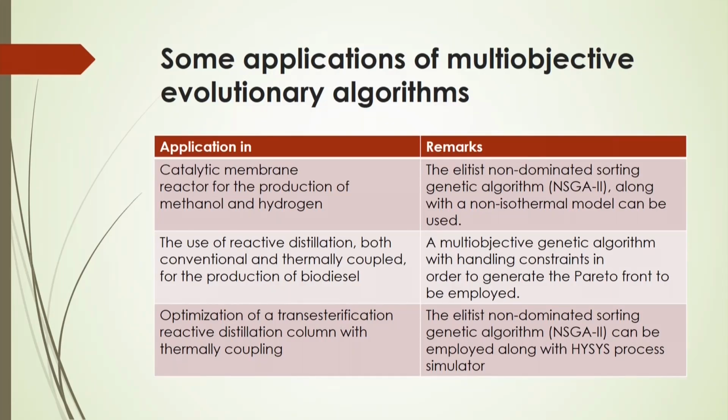In this case, the elitist non dominated sorting genetic algorithm along with a non isothermal model can be considered to analyze the optimal solution of this particular process. We have already discussed the different types of genetic algorithms, the different steps and also sub algorithms, in our previous lecture.